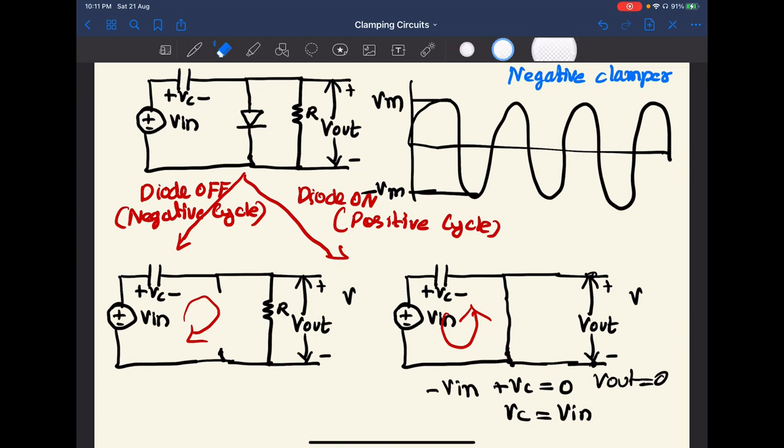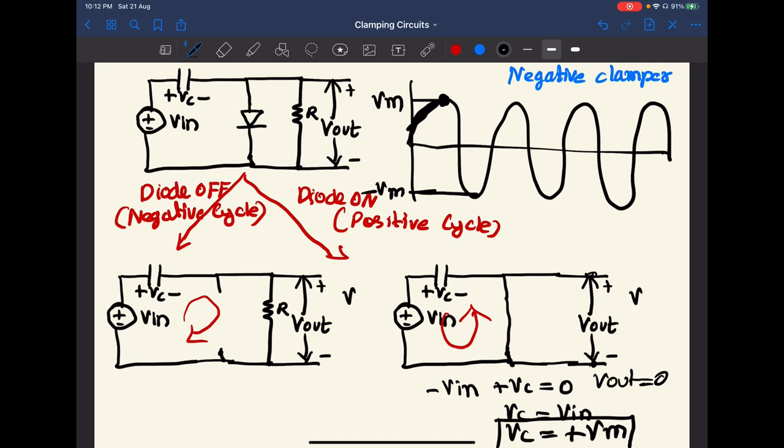So since it is charging in the positive cycle, the capacitor will gain the maximum value of Vm. It will be charged to Vm, then discharging happens. First we can think about charging. It will attain the maximum value of plus Vm in this case, because the capacitor is charging in the positive cycle.